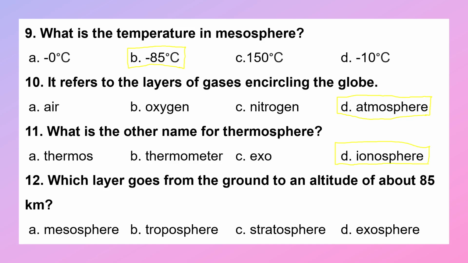Number 12. Which layer goes from the ground to an altitude of about 85 kilometers? A. Mesosphere. B. Troposphere.